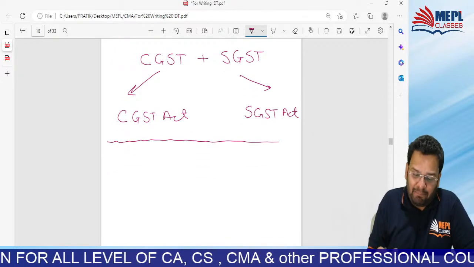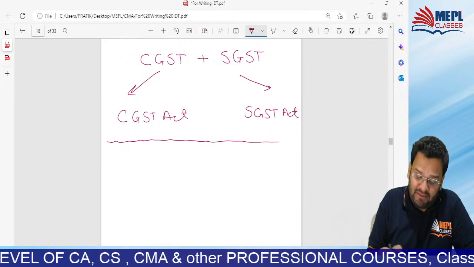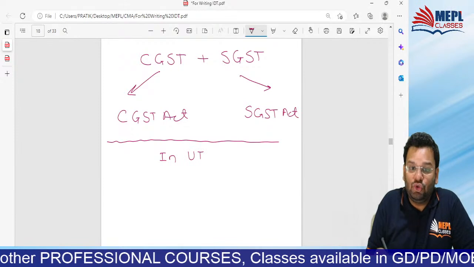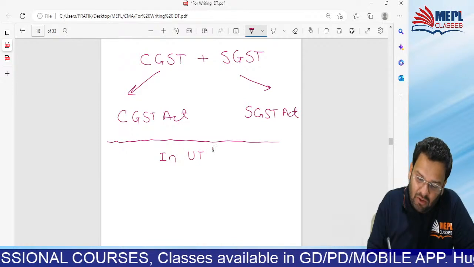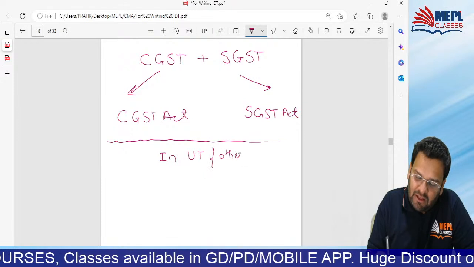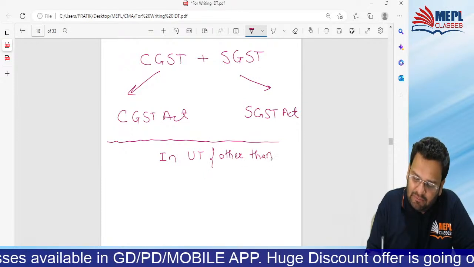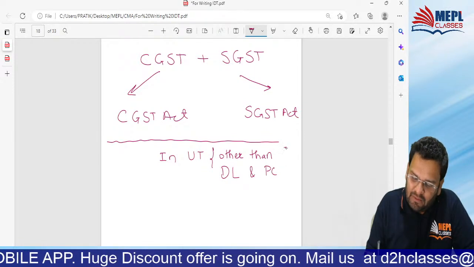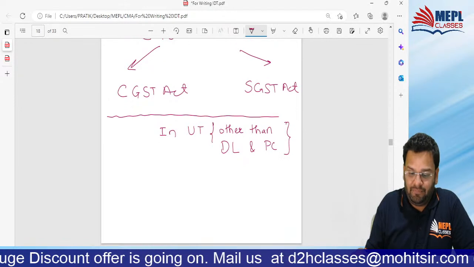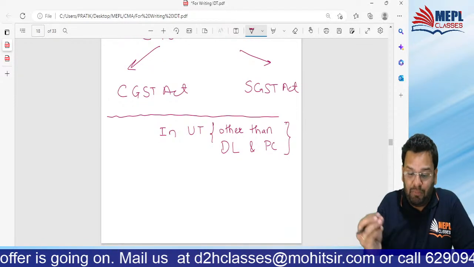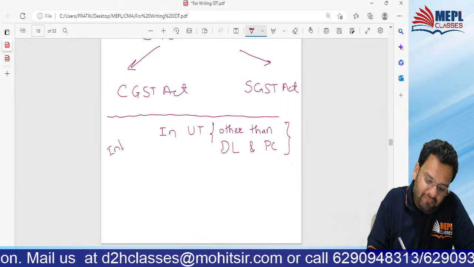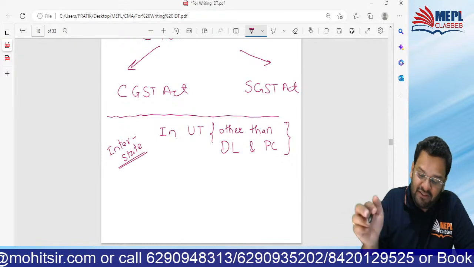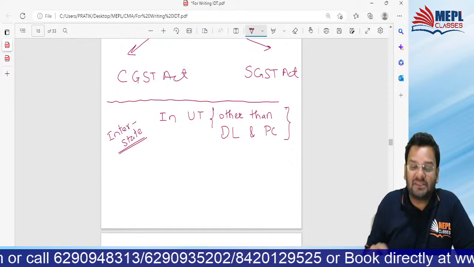And if this happens in a union territory, any union territory other than Delhi and Puducherry, even if it is in a union territory, we call it interstate only.